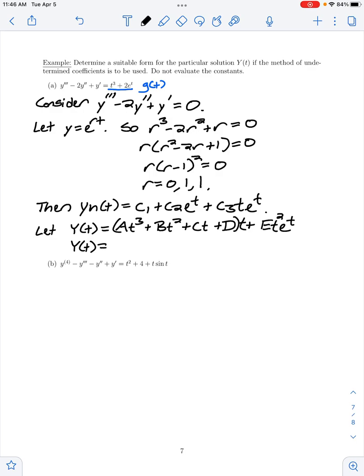So this gives us a particular solution of the form a t to the fourth plus b t cubed plus ct squared plus dt plus e times t squared e to the t.